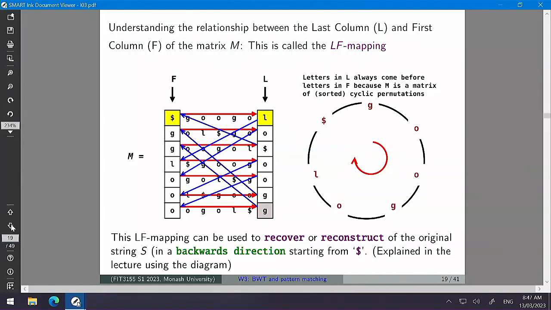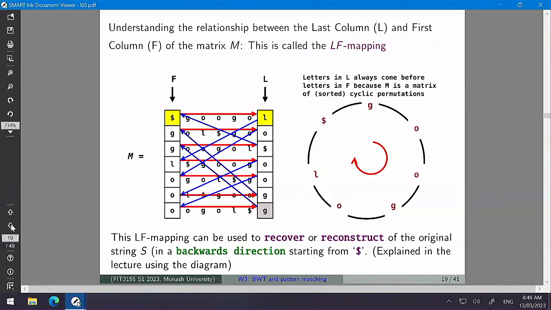Everything else that you're seeing on the screen is just for your mental reference. Keep remembering that all you have in this algorithm is the last column. So how do you recover the original text from the last column, the Burrows-Wheeler transform column?